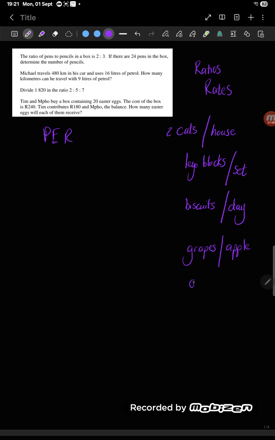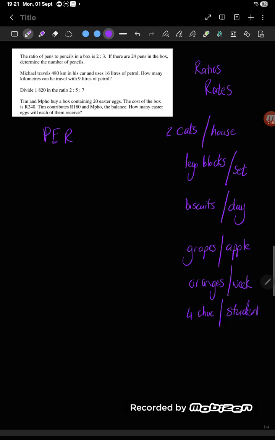If you eat oranges, how many oranges are you going to eat per week? If I have little chocolates and I divide them by students, how many? Maybe I have 4 little chocolates per student.